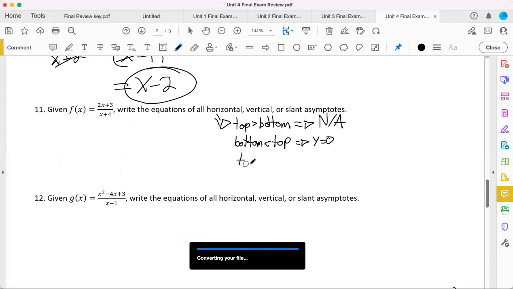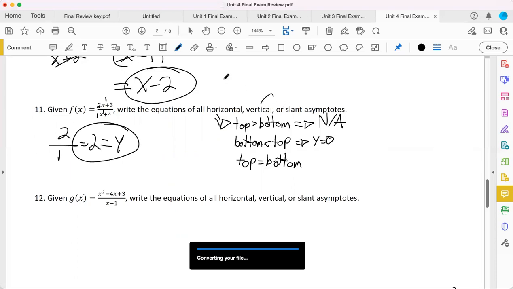And if they were equal, then you have to do what I'm doing in this case, because this is x to the first, x to the first. So it's the ratio of the coefficients, 2 and 1. So your horizontal asymptote in this case is y equals 2.